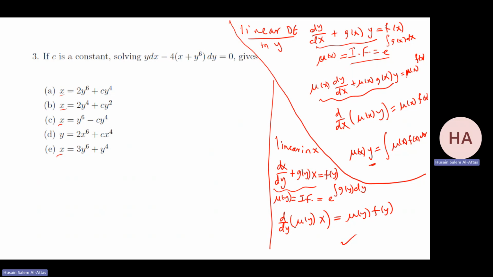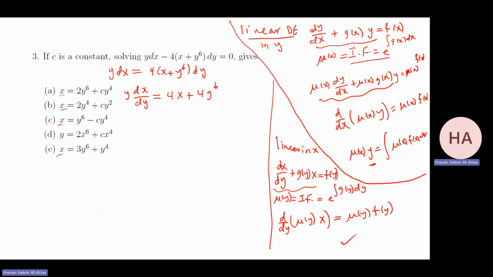So I have y dx equal 4x plus y to the power 6 dy. Now divide by dy. So I have y dx over dy equal 4x plus 4y to the power 6.